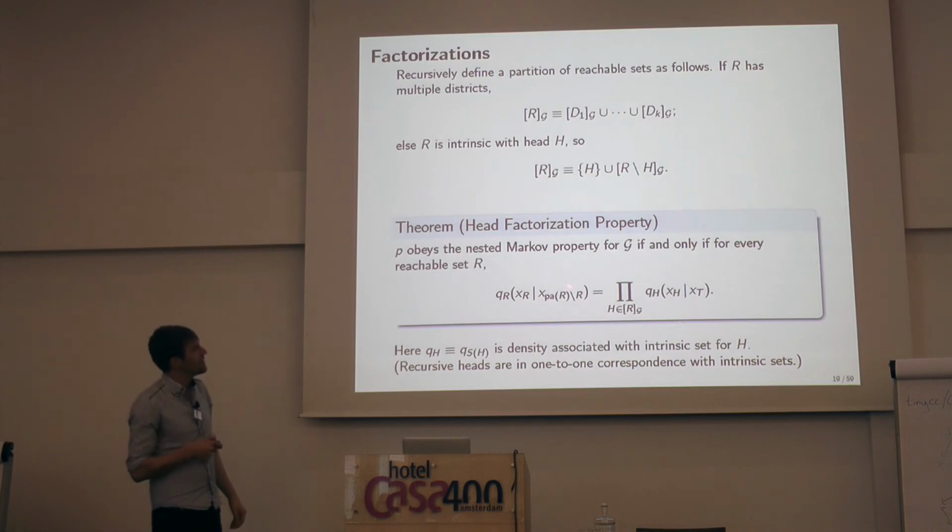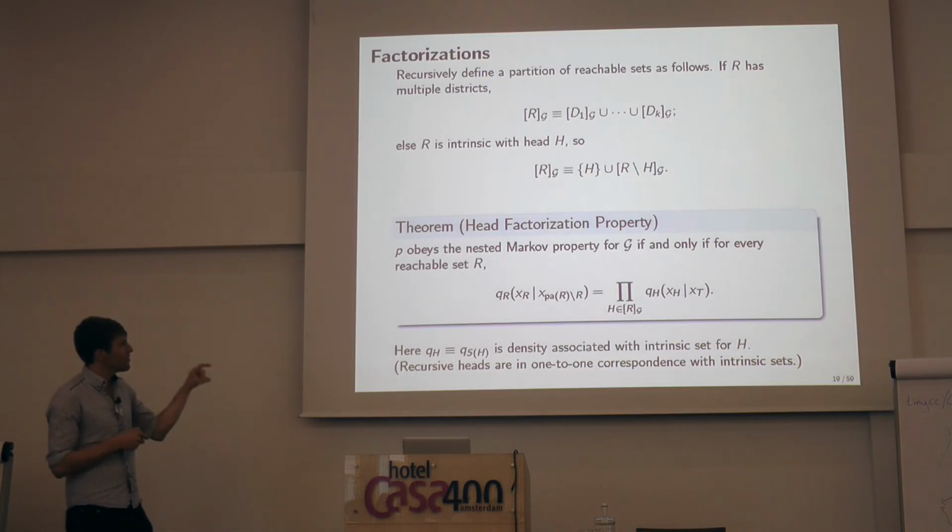I could instead do an equivalent one, which is to say for every reachable graph, the distribution associated with that graph factorizes as a product of the heads in the partition for that set, and each term is just some conditional distribution of the head given the tail.